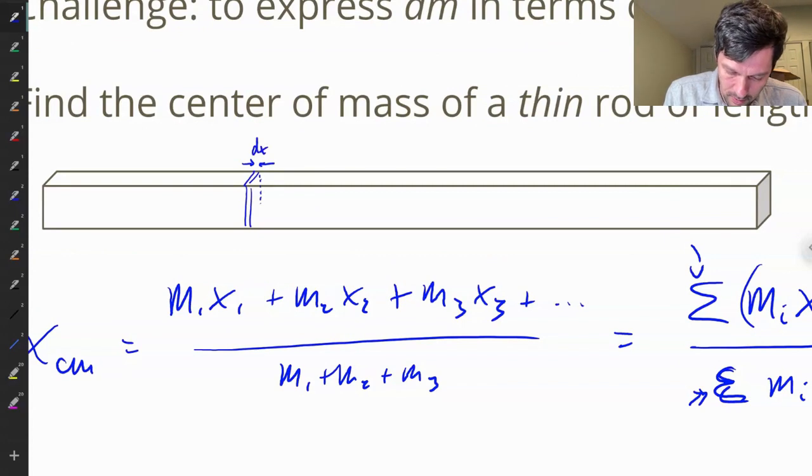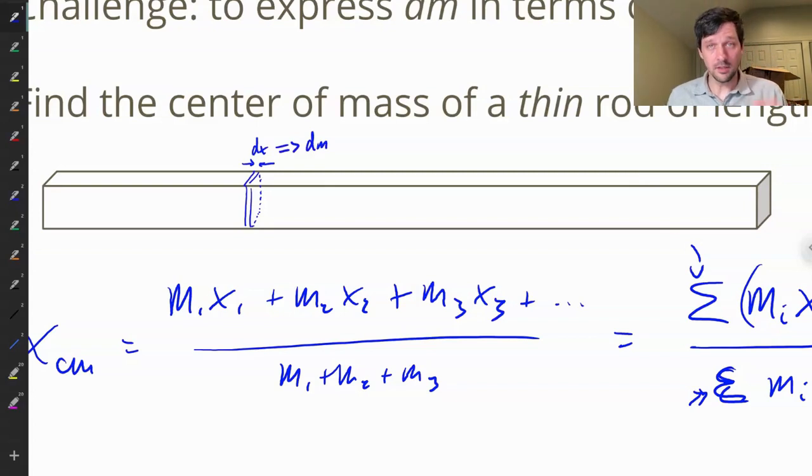And of course, by virtue of the fact that it exists, it's got to have some mass. So that piece of thickness dx has got to have some corresponding infinitesimally small dm. So each piece of thickness dx has a mass dm.